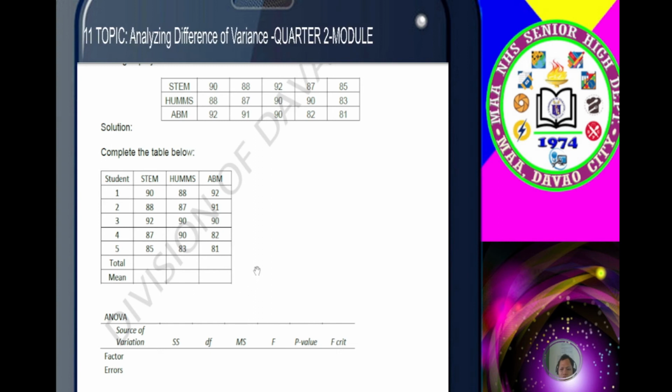Then you subtract each score from the mean of each group to get the residual errors. For the factor errors, you just subtract the mean of each group by the total mean, multiplied by 5, which is the number of students here.